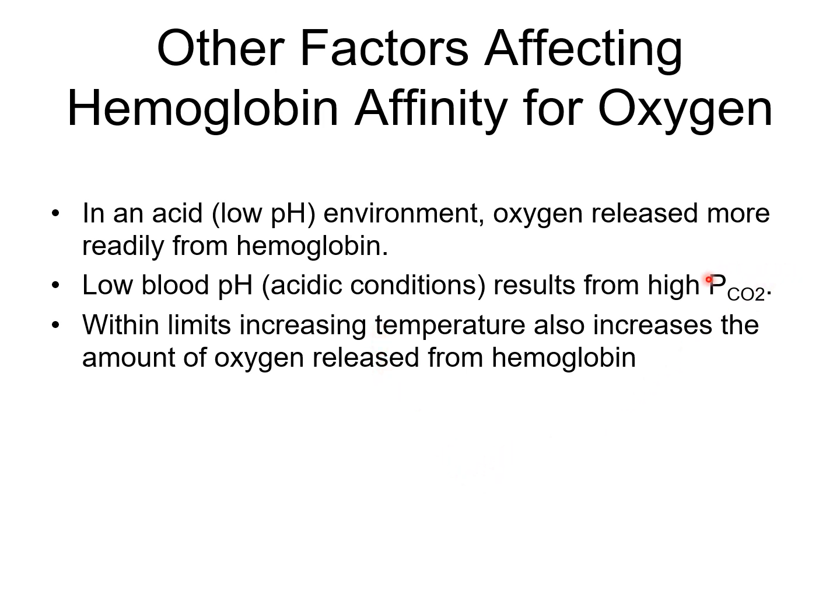Buildup of carbon dioxide, and we'll see this just in a minute, creates carbonic acid. So lactic acid and carbonic acid from carbon dioxide contribute to this low pH. And low pH, again, encourages oxygen to move away from hemoglobin. And so oxygen released from hemoglobin can now go to those hardworking tissues.